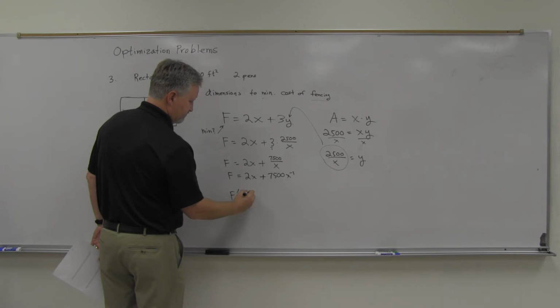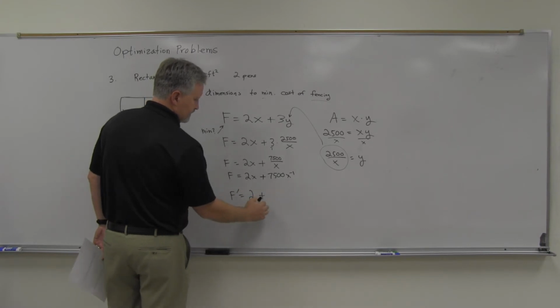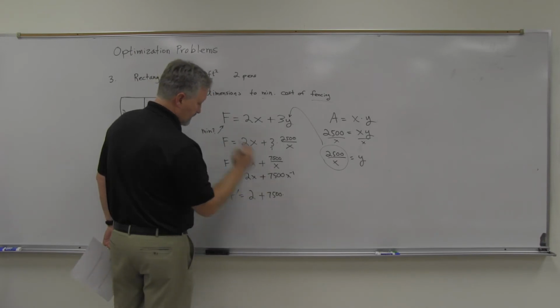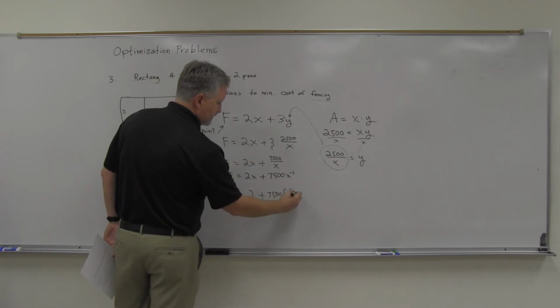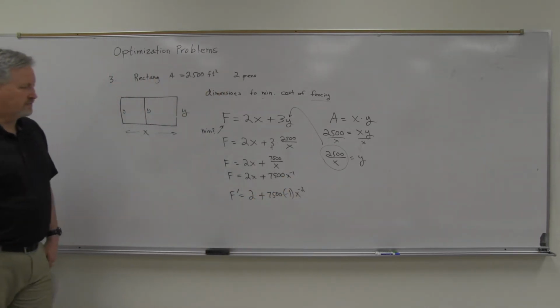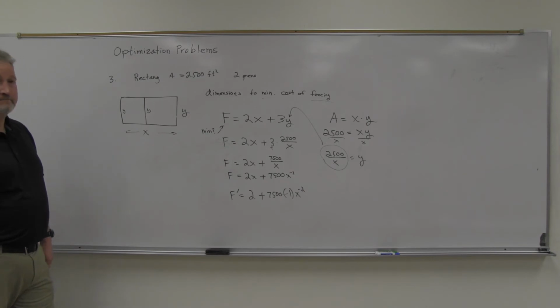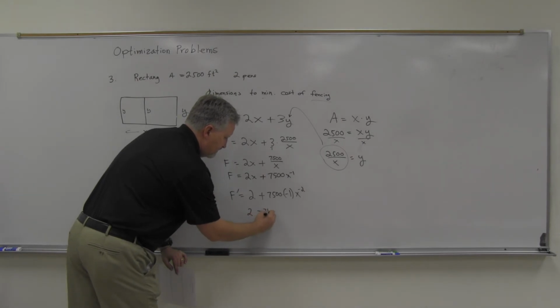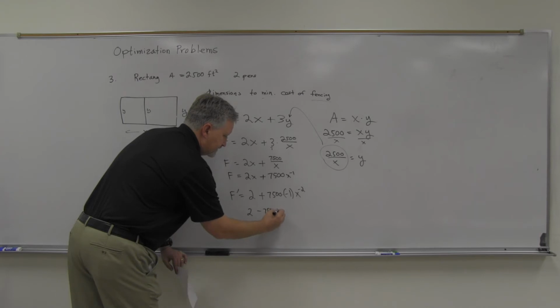Make the derivative easier. So it'd be 7,500, then -1, x, subtract 1, that would be my derivative there. Yes? Which is 2 minus 7,500 x to the -2.